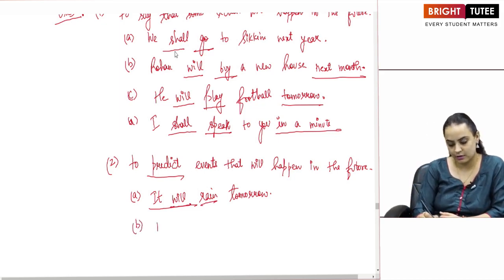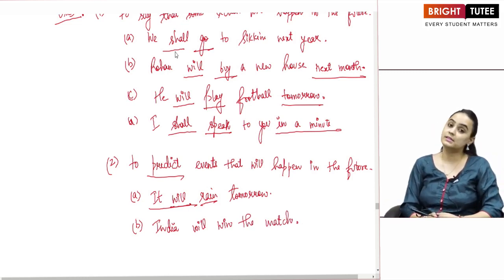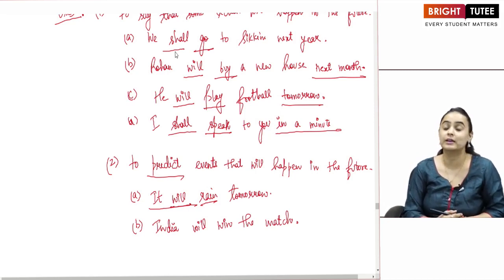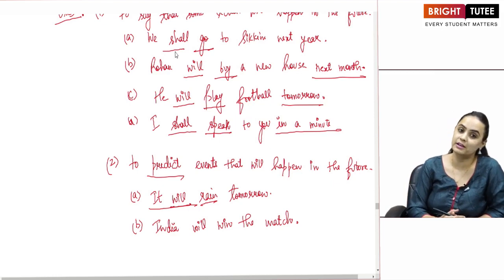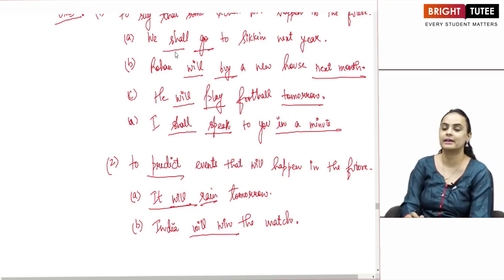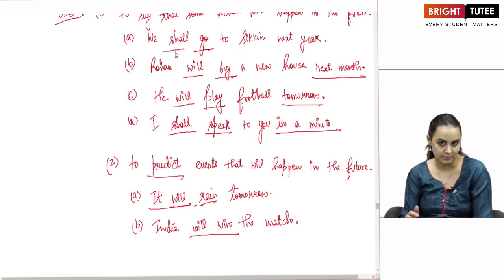If I give you another example, India will win the match. Now this is again a prediction that you are making. You can never be sure whether India is going to win the match or not. But if you say that it will win the match, then that clearly means you are talking about an event which is just an assumption that you are making.